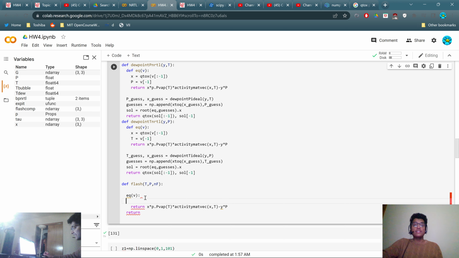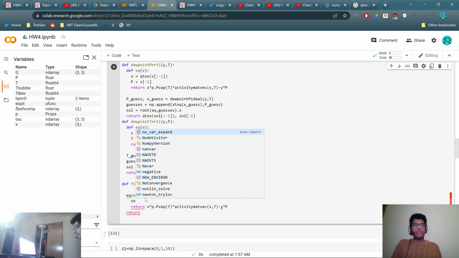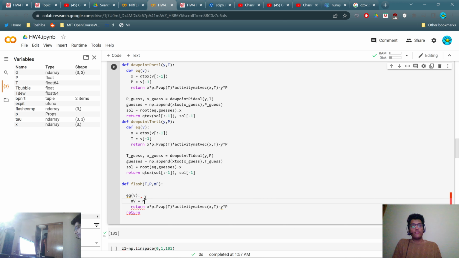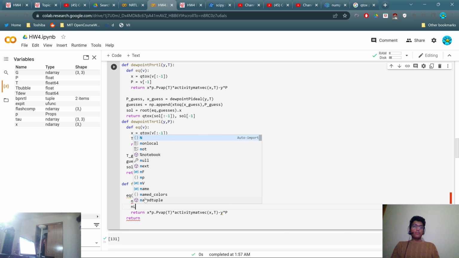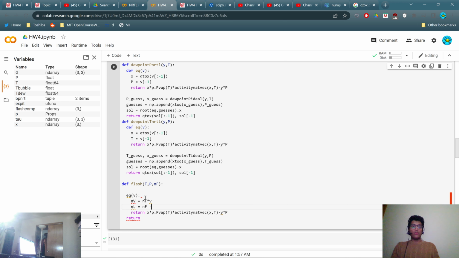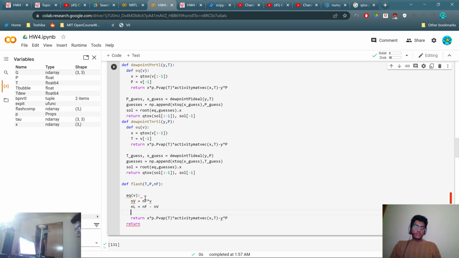We have to find the x's and y's. We know the pressure, we know the temperature. So suppose V is our guess for the vapor mole fraction. That would mean NV equals NF, the feed of each of the three components, times V. And the amount of liquid is just the amount of feed minus the amount of vapor.